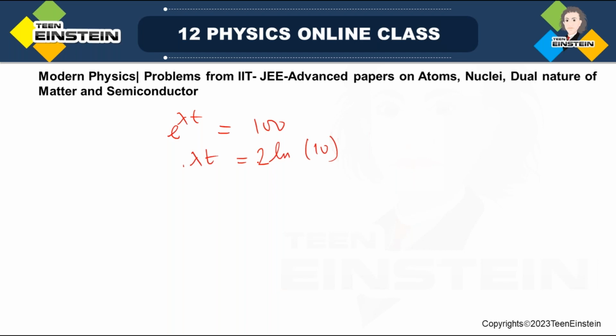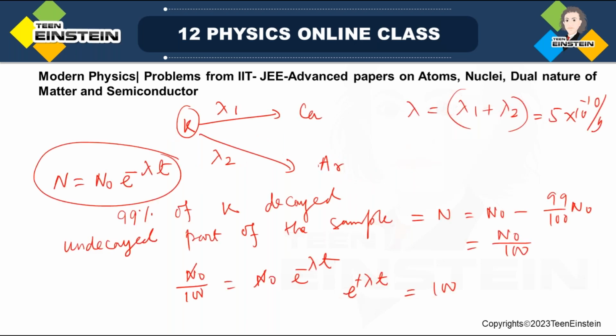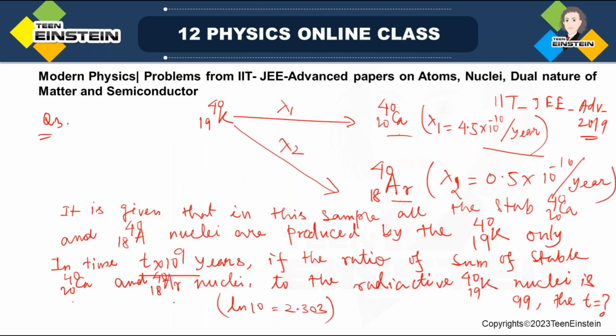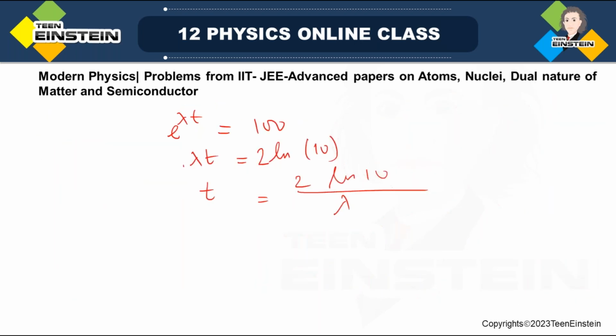So T will be 2 ln 10 divided by lambda. And in the question it was given ln 10 is equal to 2.303, so 2 into 2.303 divided by lambda.